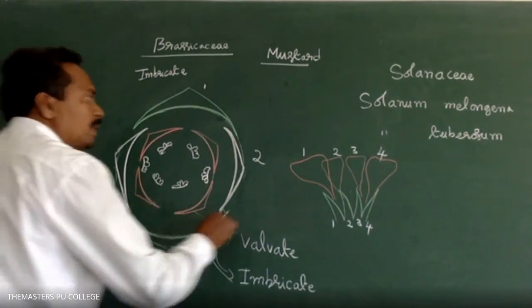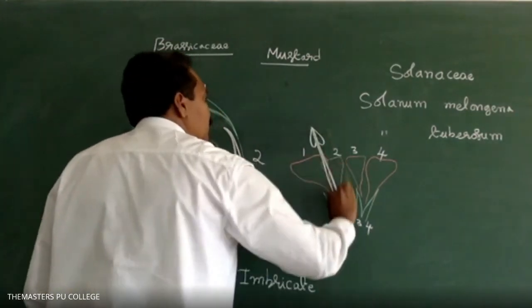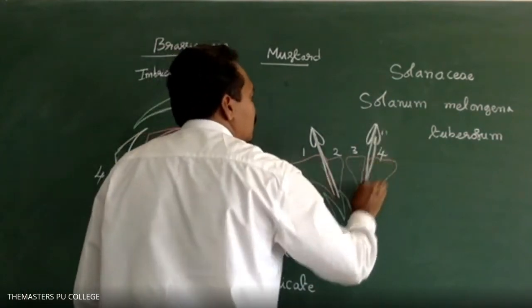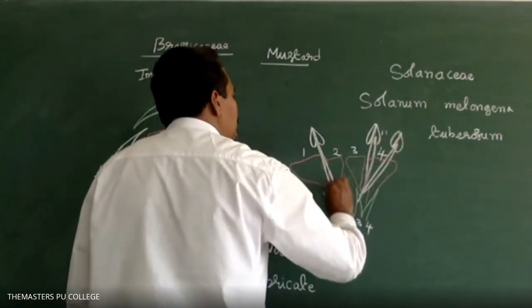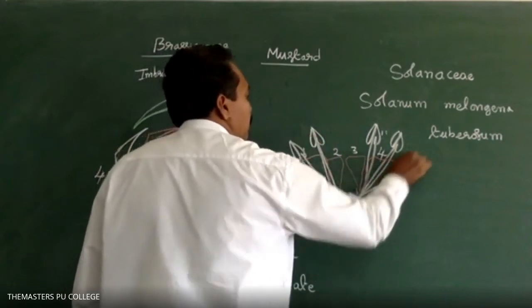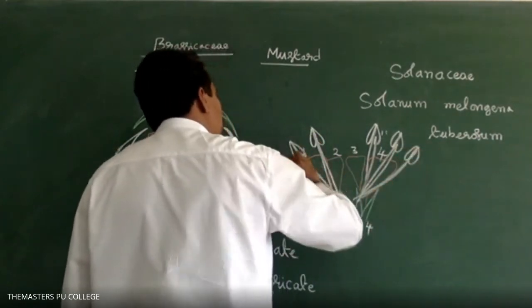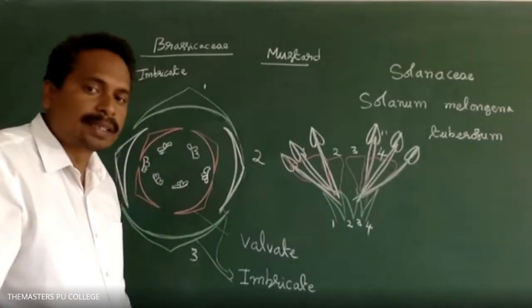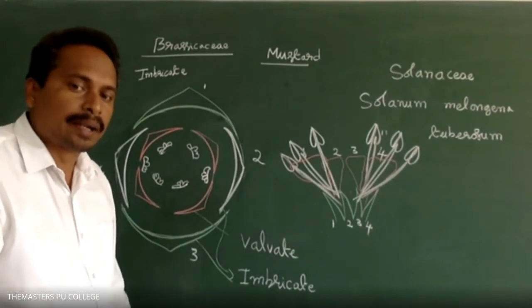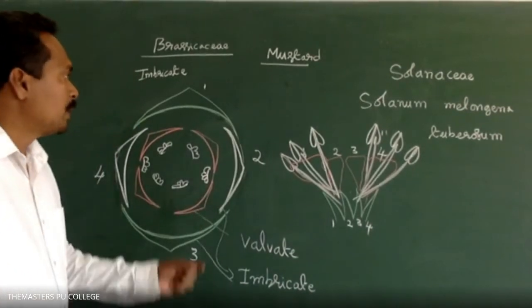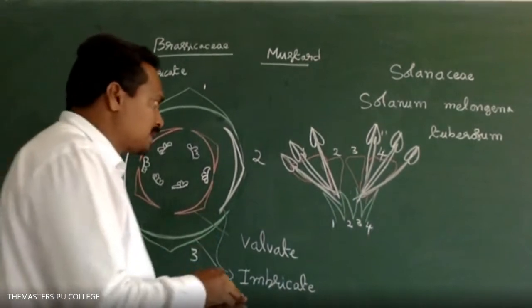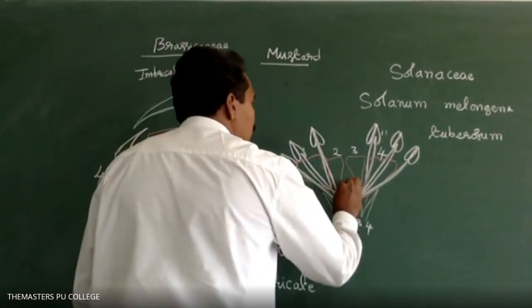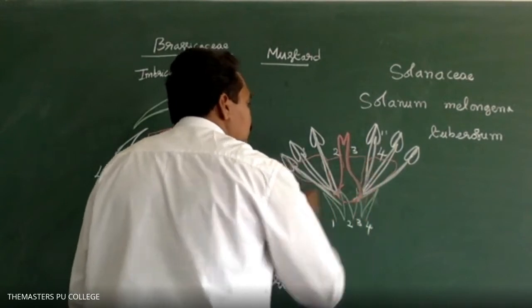Gynoecium. The gynoecium consists of how many carpels? Already you know the parts of the flower: calyx, corolla, androecium, and gynoecium. The gynoecium consists of 2 carpels.